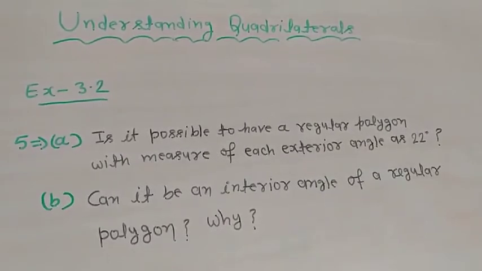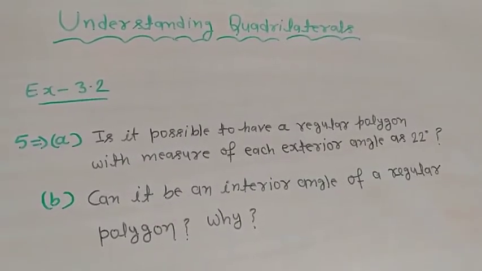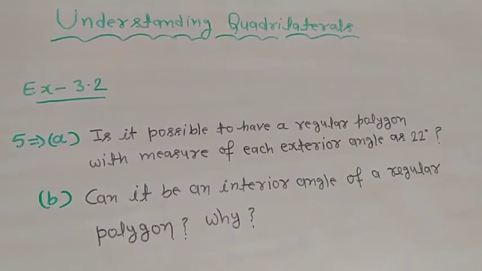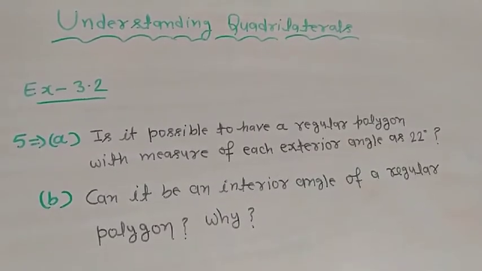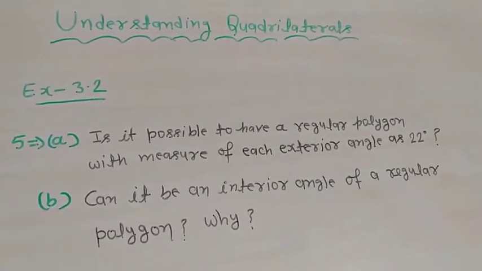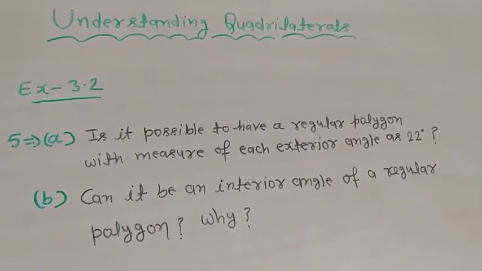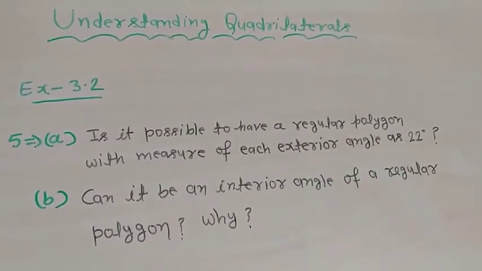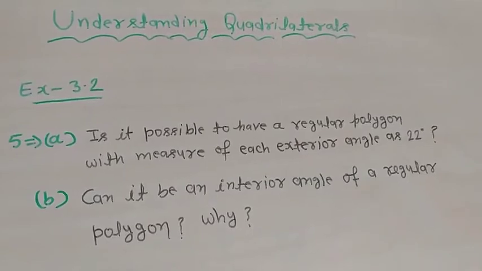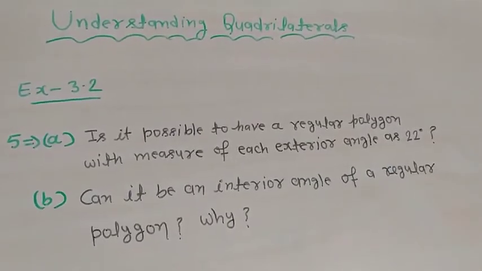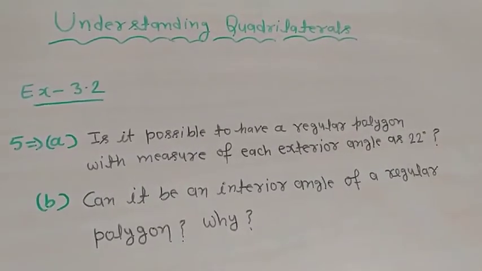It is not possible to have a regular polygon with measure of each exterior angle as 22 degree, because 22 is not a divisor of 360 degree.